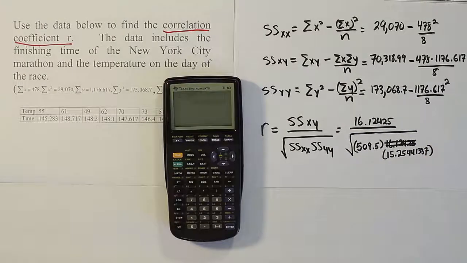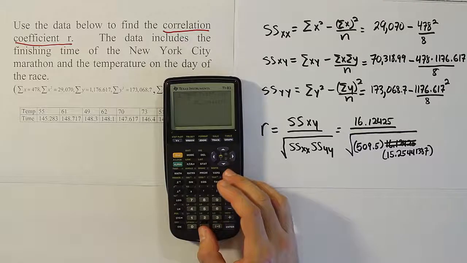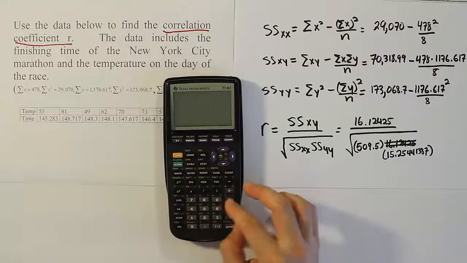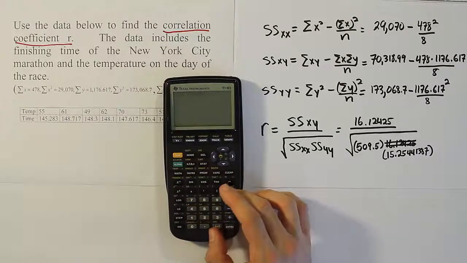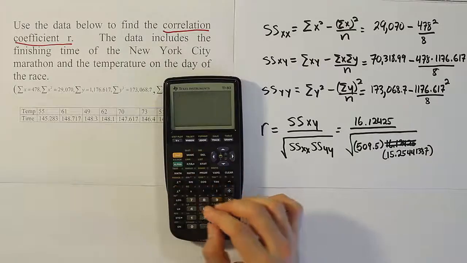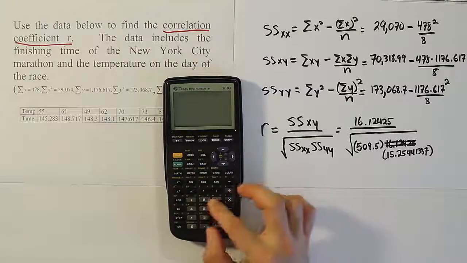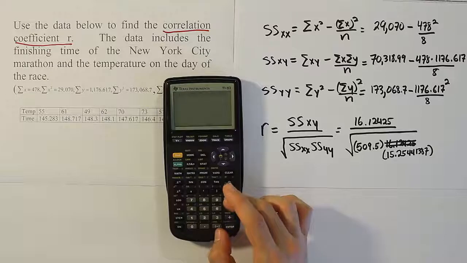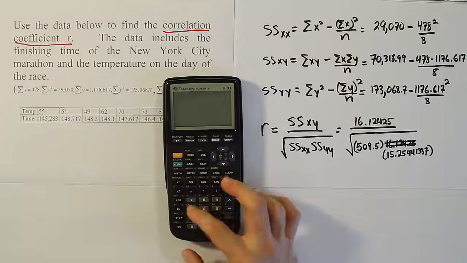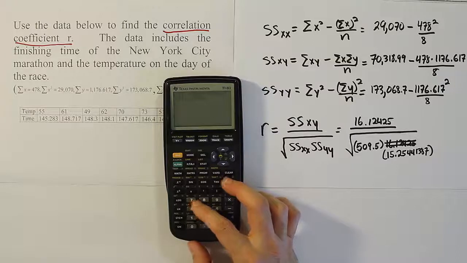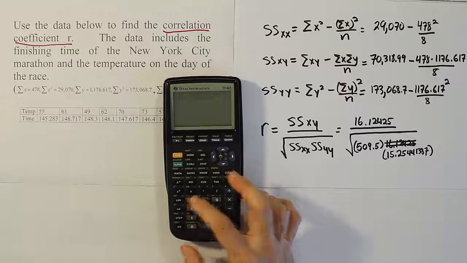Now let's take those values and plug them into our calculator and calculate our R value for the problem. So we're going to have 16.12425 divided by the square root of 509.5 times 15.25441387.